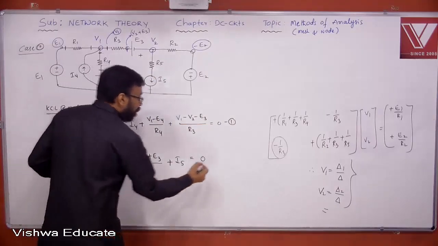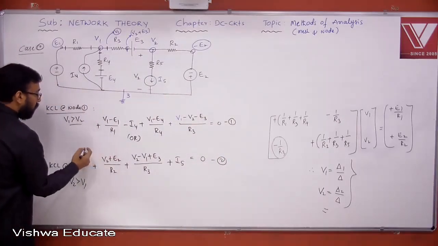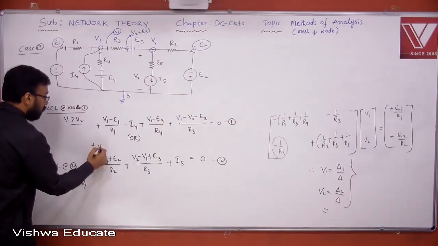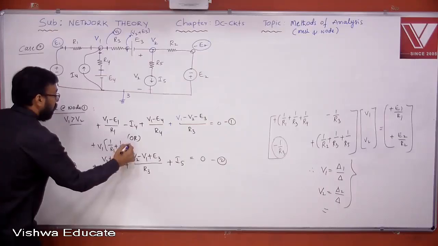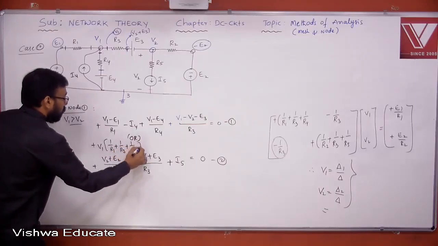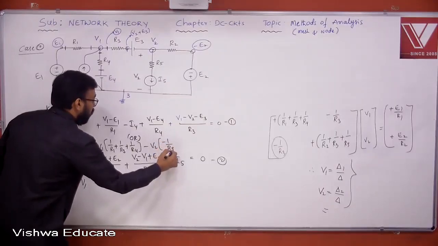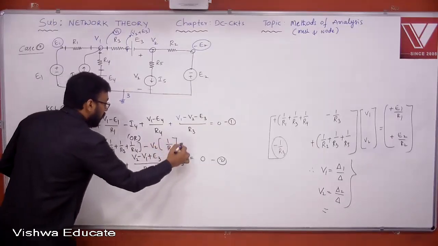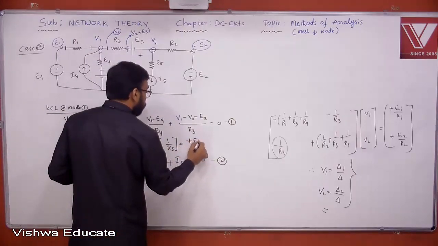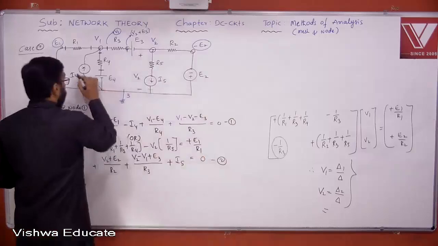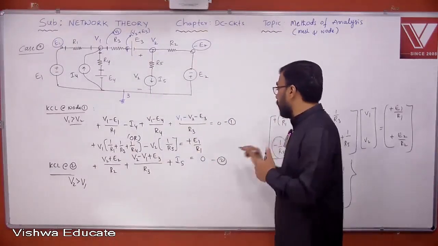Second. Now, let me apply inspection here. Plus V1 of 1 by R1, 1 by R3, 1 by R4. Minus V2 times 1 by R3, is equal to, touching positive first, plus E1 by R1. The current is entering; entering current is negative, but if you send it outside, you get positive.